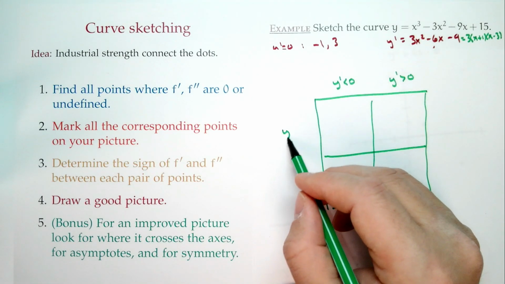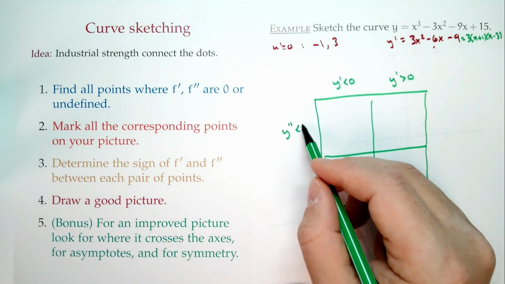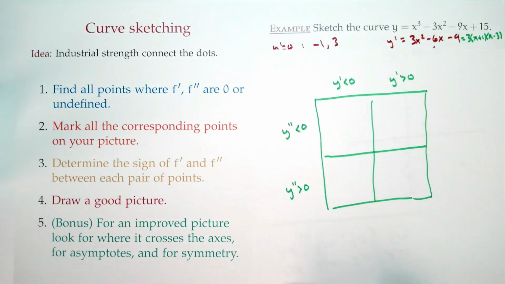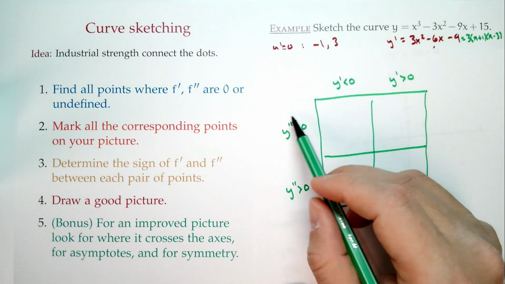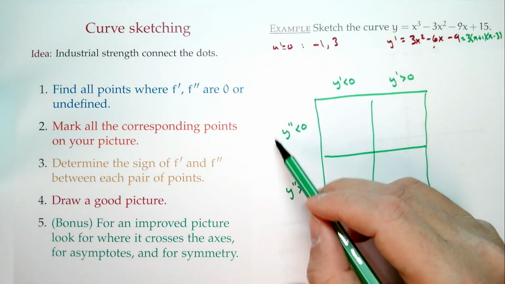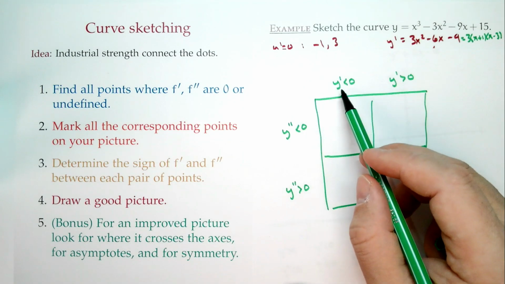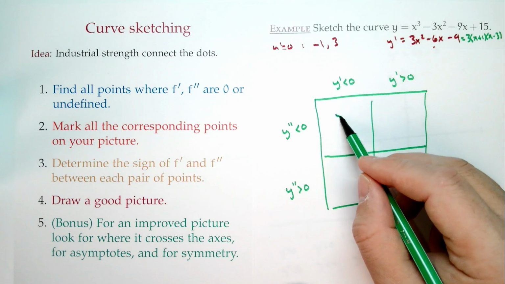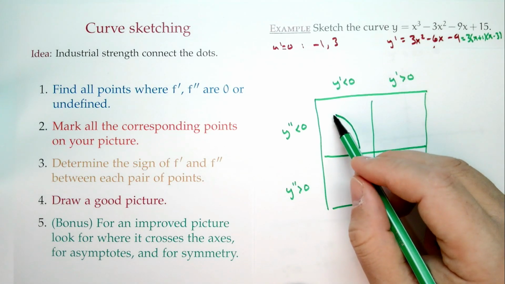And then we could have y double prime negative, and y double prime positive. So what does this mean? Well, y double prime negative means we're concave down, the frowny shape, but we also need the derivative to be decreasing, which means we have that kind of thing going on.